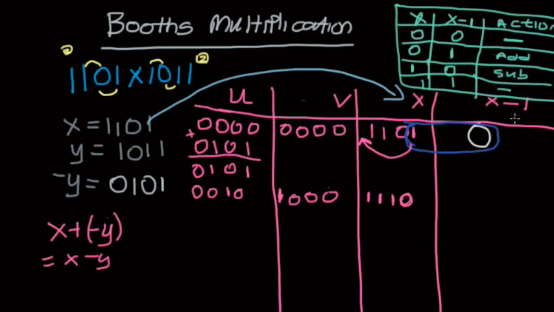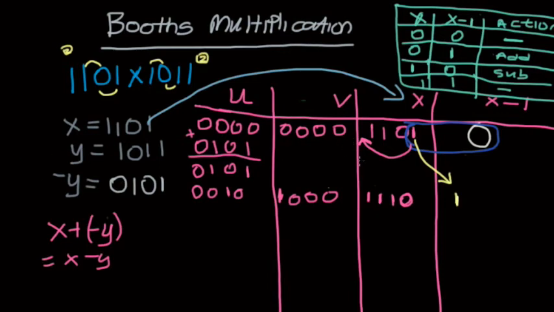Your x minus 1 is the same thing as saying what was the previous value of your x. Remember I said your x minus 1 starts with 0. That's just the rule. But now we're going to be changing it. The previous value of your x, this x you see here, was 1. So that's what you're going to bring here. That is going to be 1.